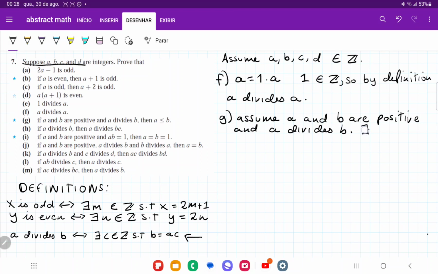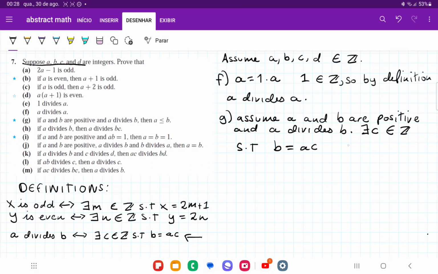Then by definition, there exists an integer C belonging to the set of integers such that B is equal to AC. So we have just used the definition, right?